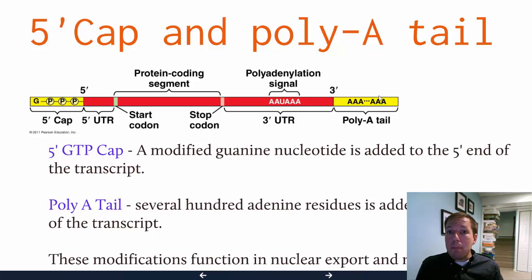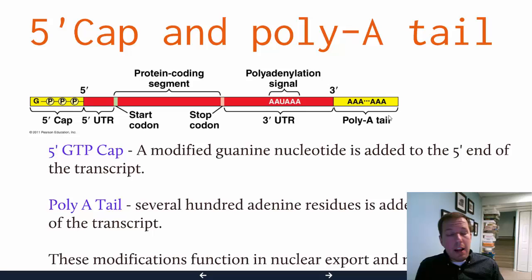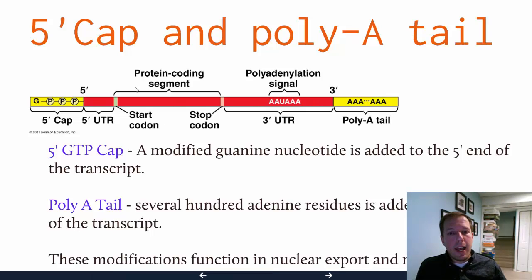At the end is going to be the poly A tail. There is a long sequence of adenine nucleotides added at the end of the mRNA chain. These are never going to be translated and never going to result in amino acids being added, but they do serve an important protective function, because throughout the nucleus and cytoplasm there are many enzymes that are responsible for chopping and breaking up a used strand of RNA.